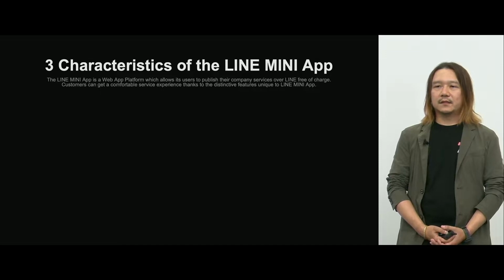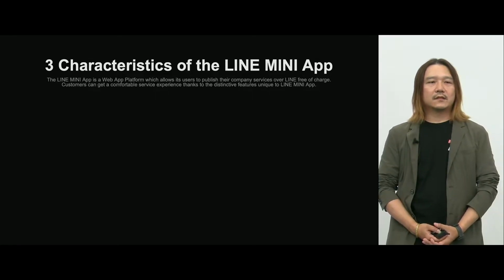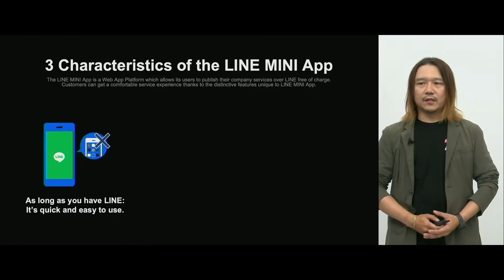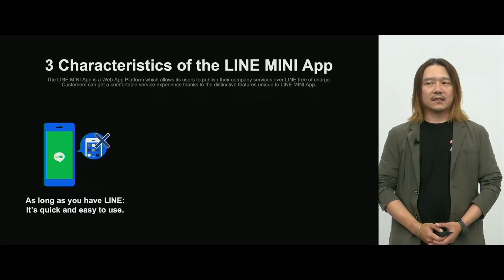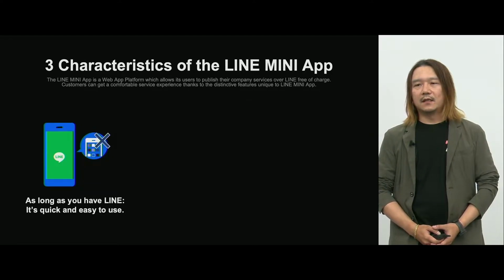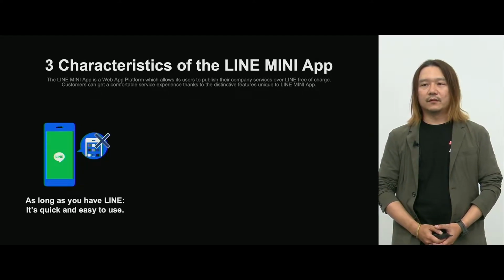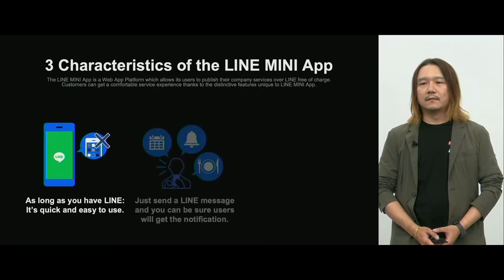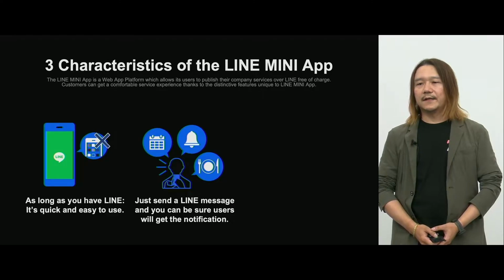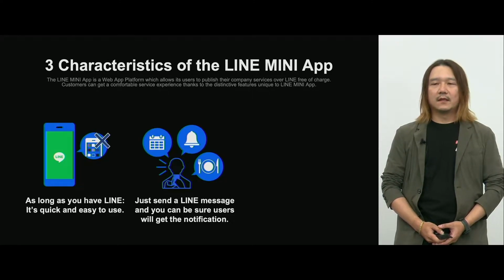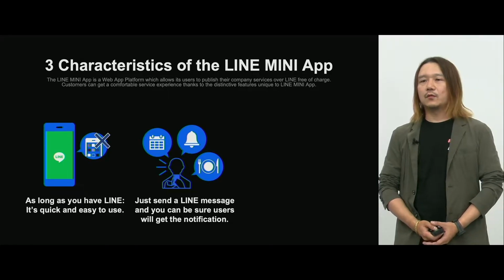Let me talk about the three characteristics of the LINE mini app. The first one is that once the LINE app is installed on a user's smartphone, you can use it right away. You don't have to install any native app other than LINE. Also, you can send users a notification by using a LINE message.